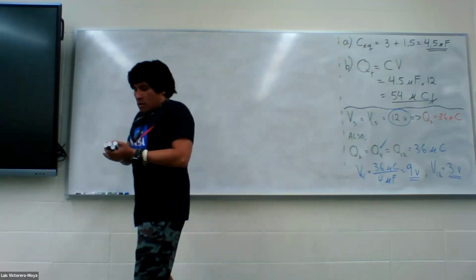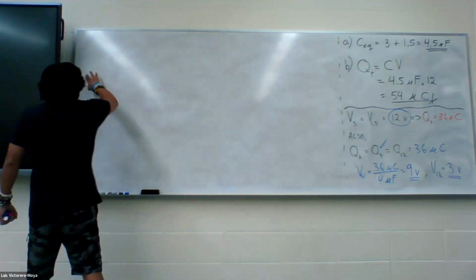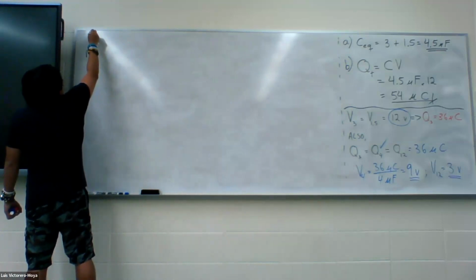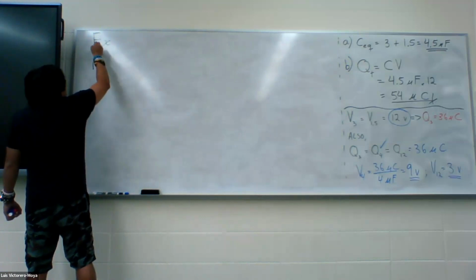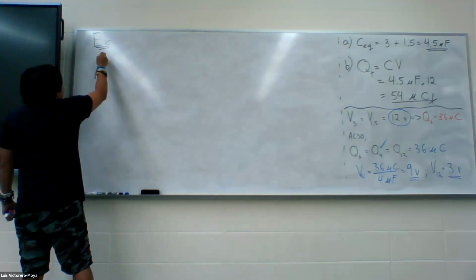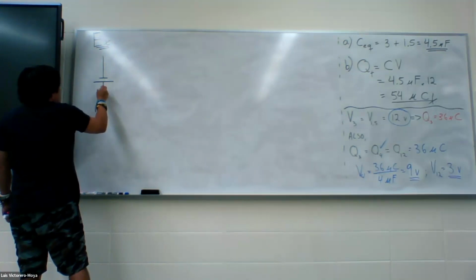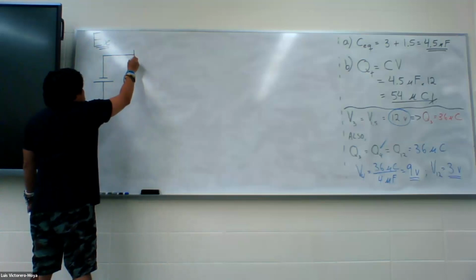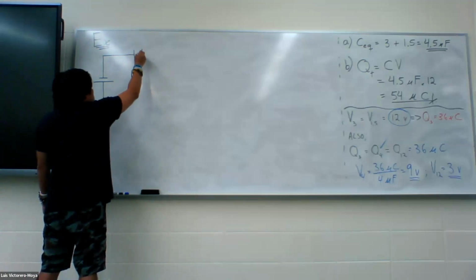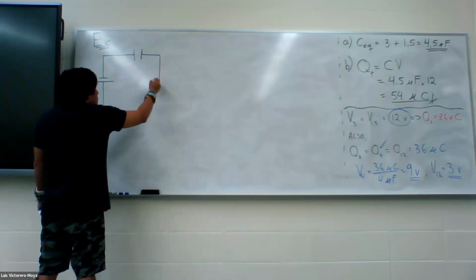Okay. So one last example of this will be a circuit that looks like this. The battery here, a capacitor here, and then you have a junction sort of here. Why?